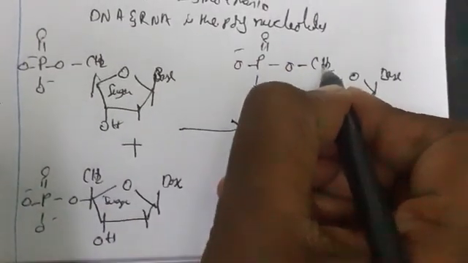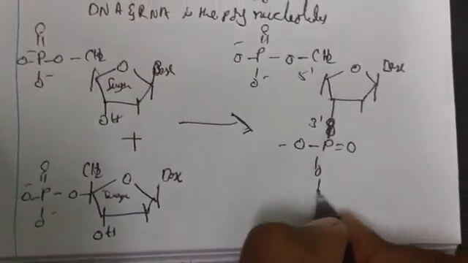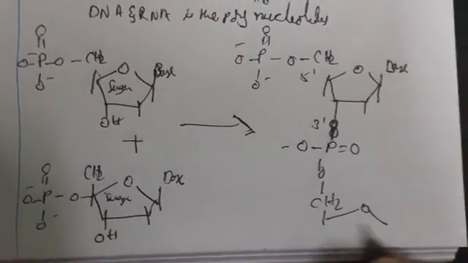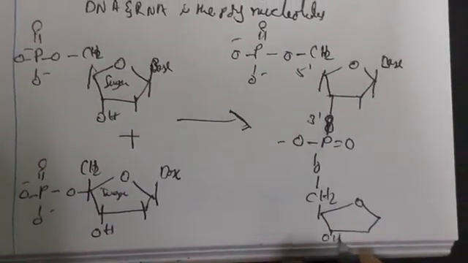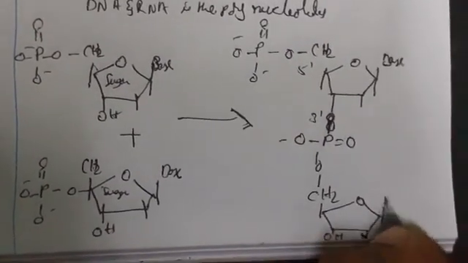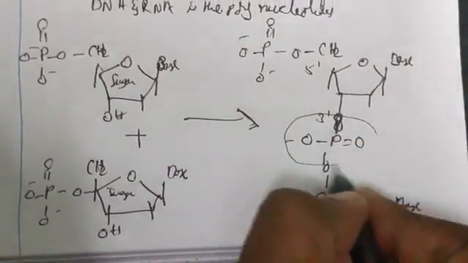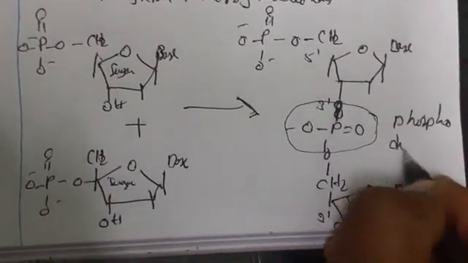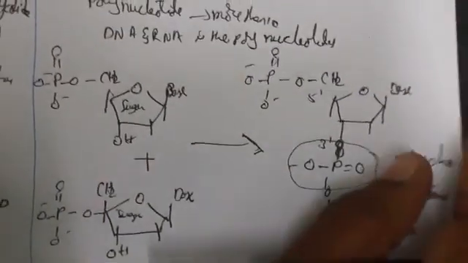So this is the 5' end, this is 3'. Again there will be an attack, CH2, OH, H, this is the base. So again 3'. This linkage we call a phosphodiester linkage.